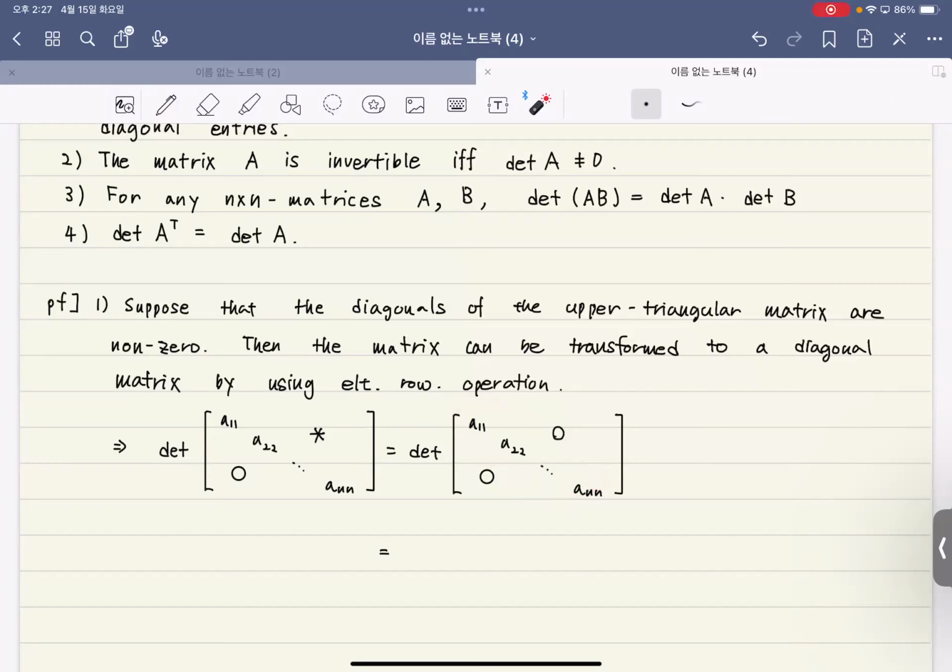At this point, I need to use the multilinear property of the determinant. Well, I can think of this as 1 times A11, this is 1 times A22, and 1 times ANN. And since the determinant is multilinear, we get A11, A22, ANN times the determinant of the identity, so 1, 1, 1.